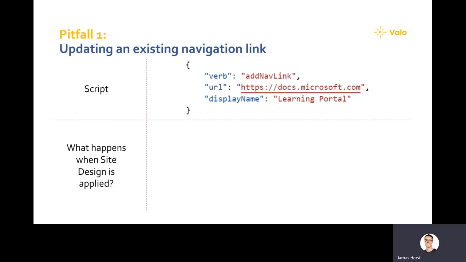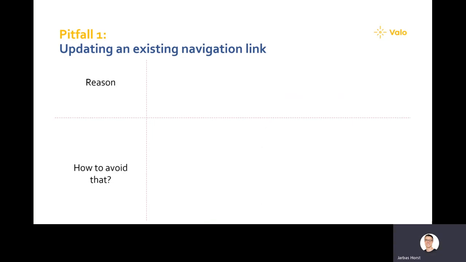Now, what happens if I try that? If I try to change those existing navigation entries using site designs, I will end up with duplicated content in my site collections. Why that? Well, the unique identifier for the addNavLink verb consists of two values, the URL and display name.